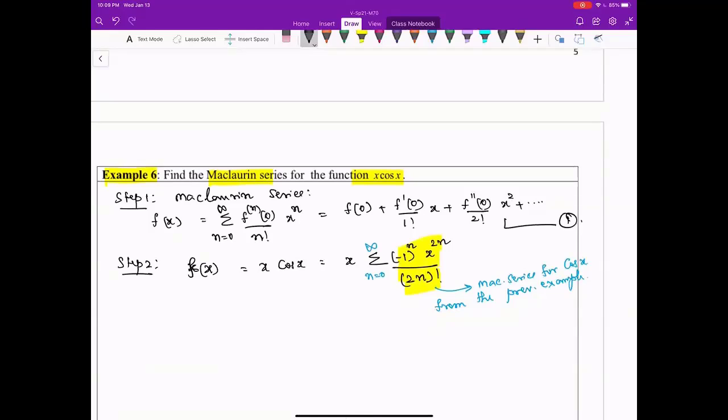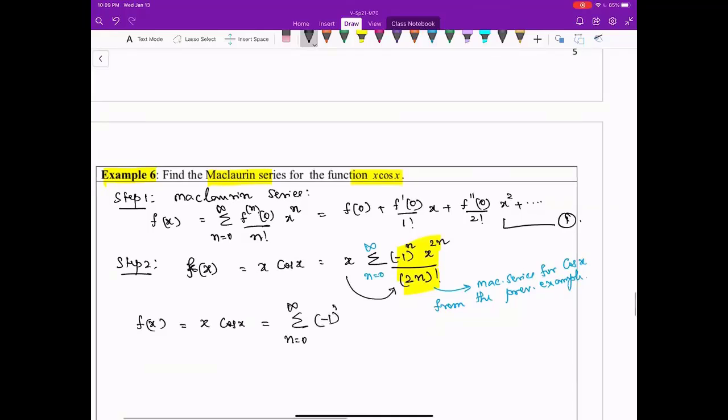So now f of x equal to x cosine x, which is, if I take this x inside the sigma, I can write this as sigma n varying from 0 through infinity, negative 1 to the power n, x to the power 2n plus 1, because there is already an x to the power 2n and there is an x outside, we can combine and say it is x to the power 2n plus 1 over factorial 2n.